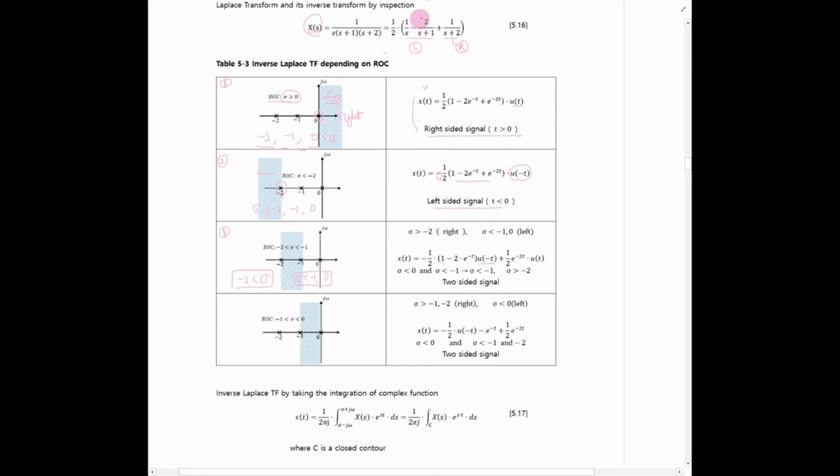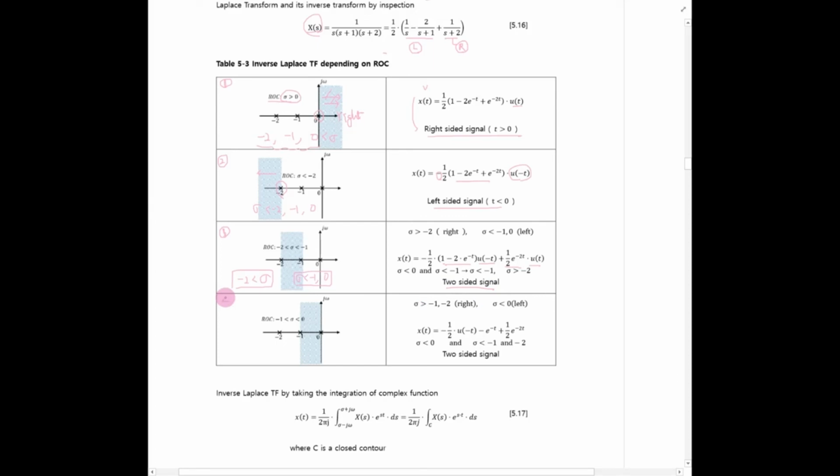And the left-sided -2 over s plus 1 is an exponential function, but it is a left-sided one. So it is -2 times e to the minus t, and it is left-sided. So the front two Laplace transforms are interpreted as left-sided signals, but the last one is a right-sided signal, 1.5 times exponential on the right-hand side. So this is a two-sided signal.